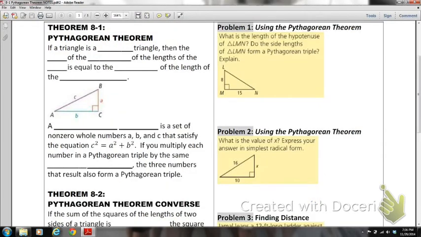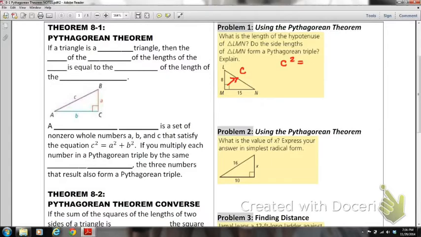In problem 1, it's using the Pythagorean theorem, and it says, what is the length of the hypotenuse of triangle LMN, and do the side lengths of LMN form a Pythagorean triple, and explain why, or why not. So once again, the side length opposite the right angle is always going to be your hypotenuse.